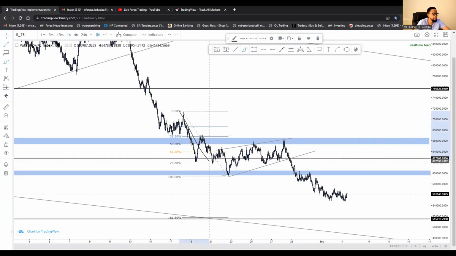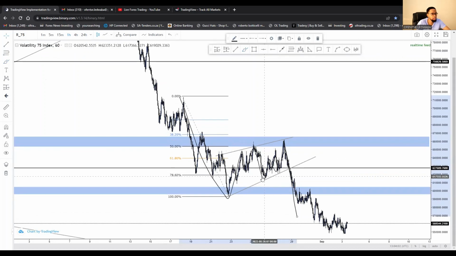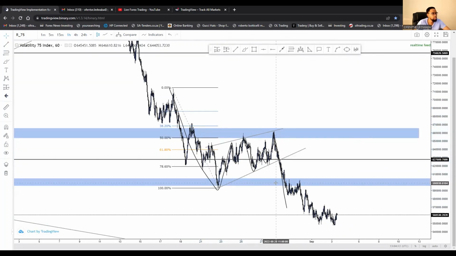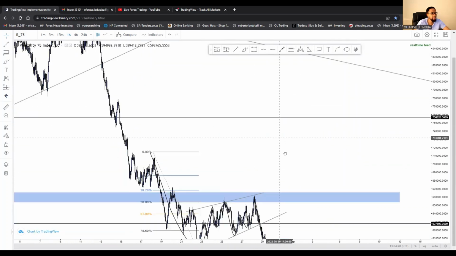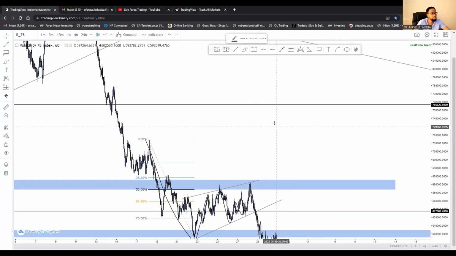We had an impulse, then correction. This is a correction, impulse. So this whole thing is a correction, regardless of how it goes. But you must know that after an impulse, it's a correction, then followed by an impulse. So impulse, correction, impulse. So this is what happened there. Let me draw it.